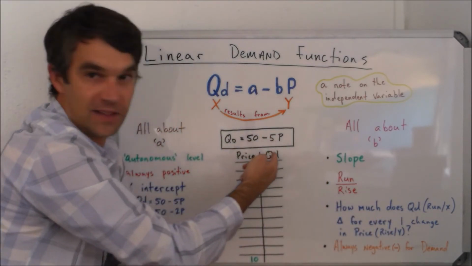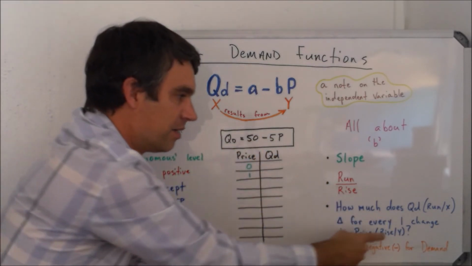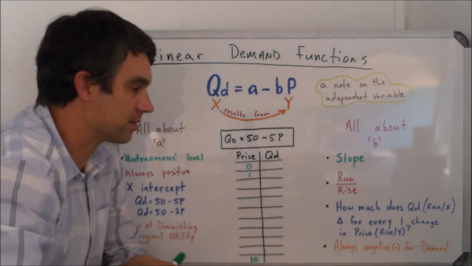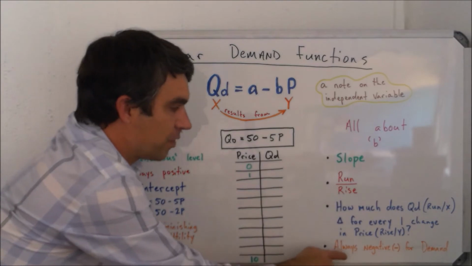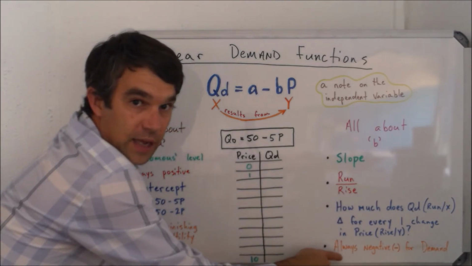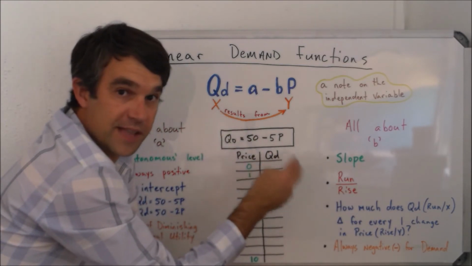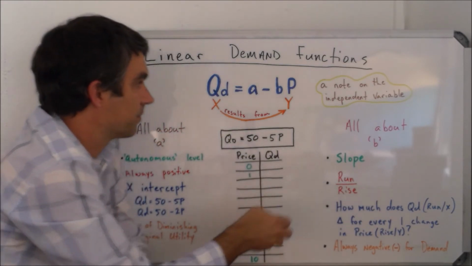We never actually put anything there, but it's always over 1, for every 1 change in price, which is the rise on the y-axis. Okay? For demand, this is always going to be negative. That correlates to what we talked about previously, that the demand curve always has a negative slope.